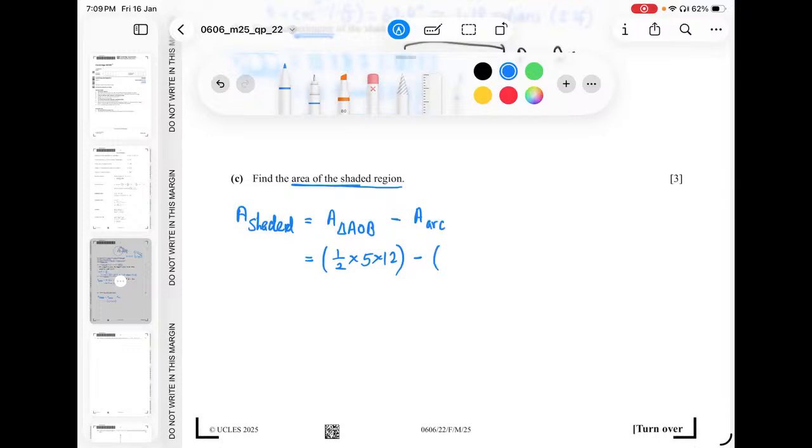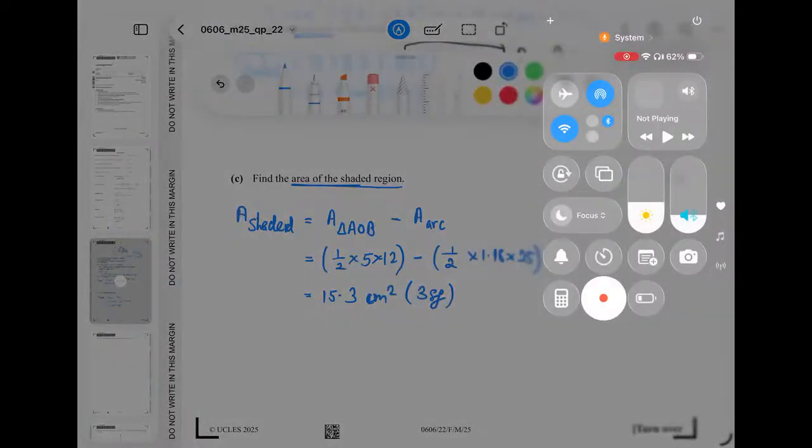So the area of the arc is basically half times r squared times theta. That's your formula, and when you substitute r squared and theta, you will get 1.18 times 25. So now when you do the calculation, you will get 6 times 5, which is 30, minus half times 1.18 times 25, which is going to give you about 15.3 cm squared to 3SF.